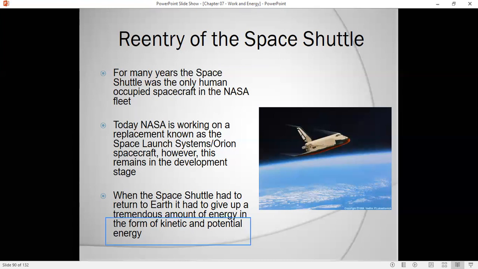Now, to gain this energy, it's fairly easy to see where that came from. When it went into orbit, very powerful solid rocket boosters were doing work on the shuttle, as well as its own main engines from the energy stored in the external fuel tank. But once you get that energy, it doesn't just disappear. It has to go someplace.